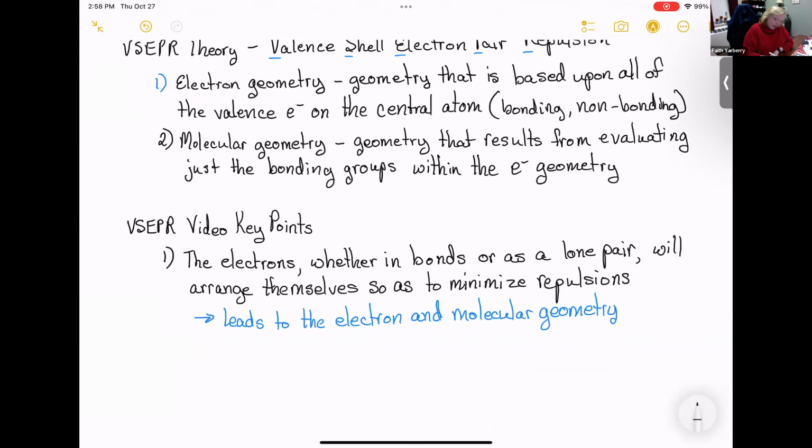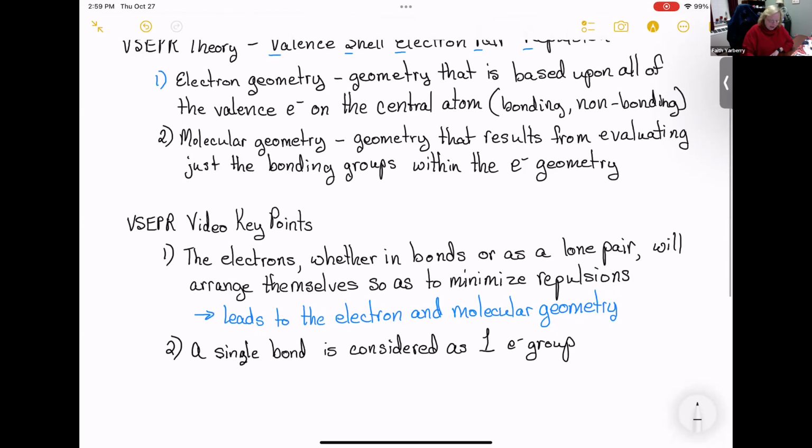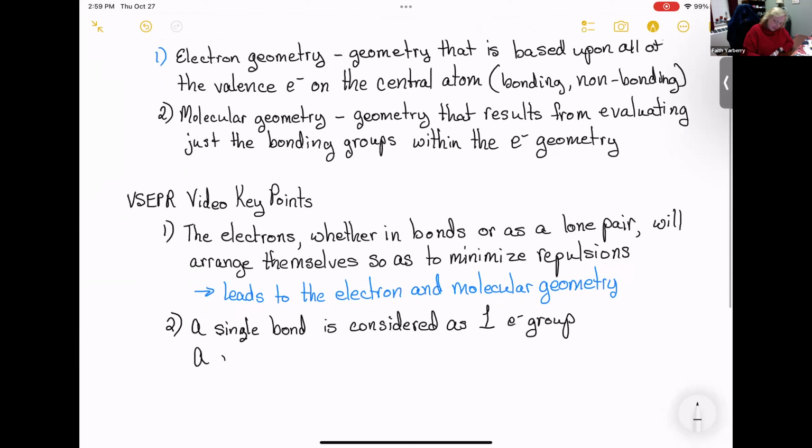Now, when we are working on this, a second key point is that a single bond is considered as one electron group, but so is a double bond.